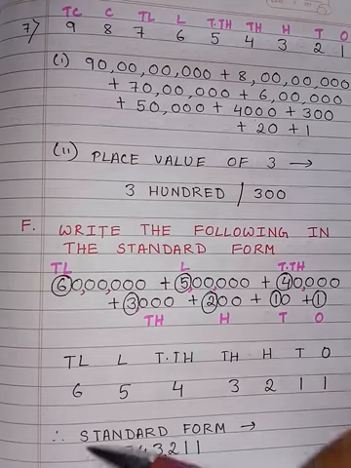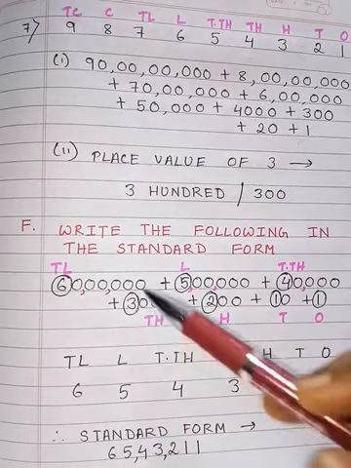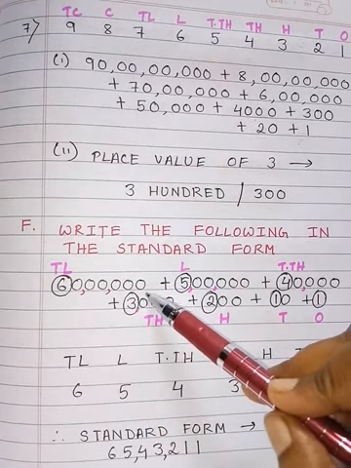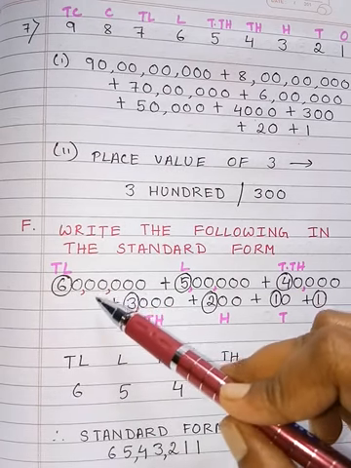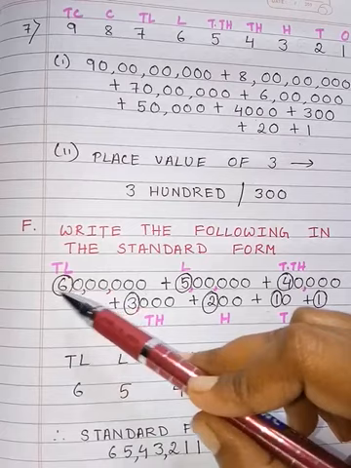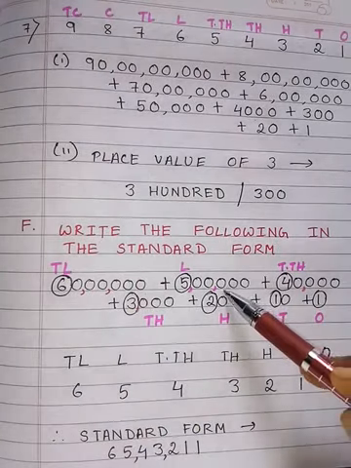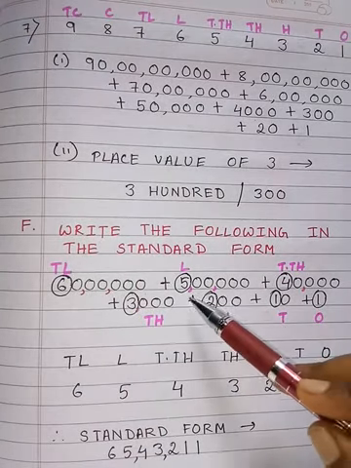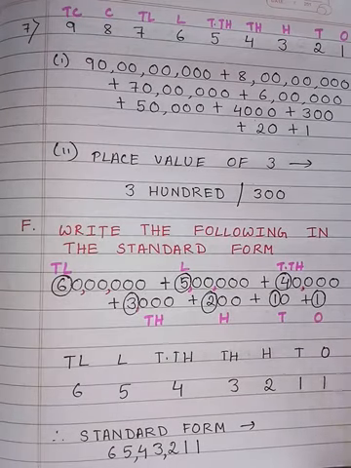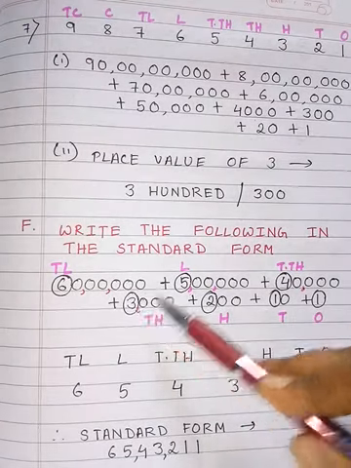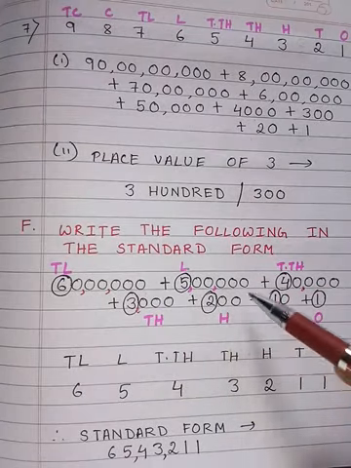So first I told you the process: start from the right hand side. After 3 digits put a comma, then after every 2 digits. Similarly here, after 3 digits, then after 2 digits, after 3 digits, and here only 3 digits are there.